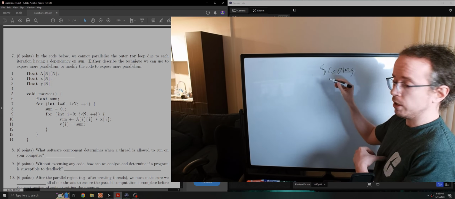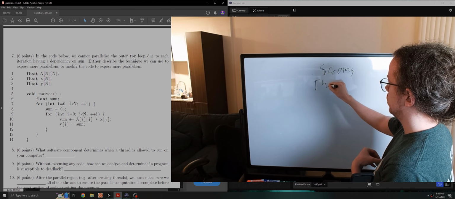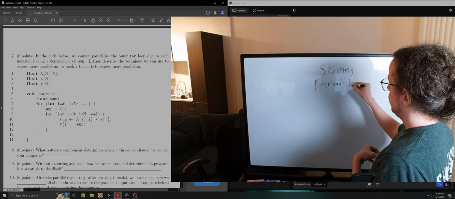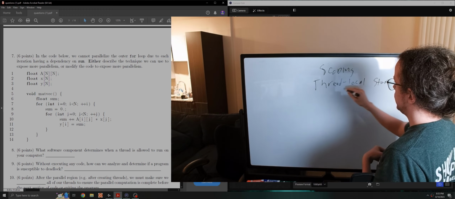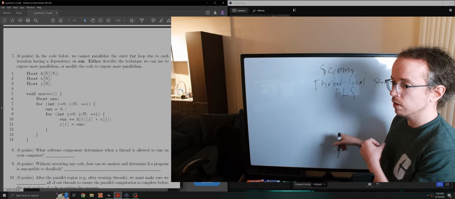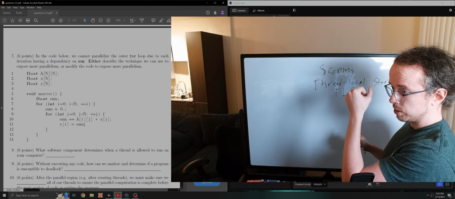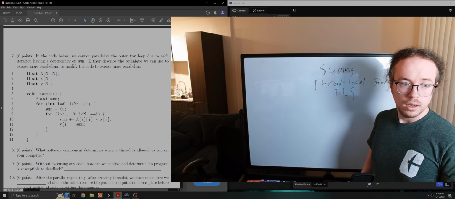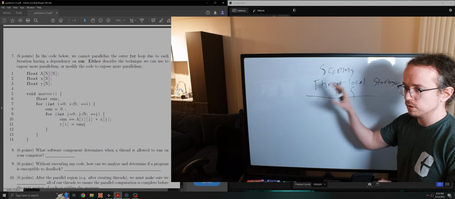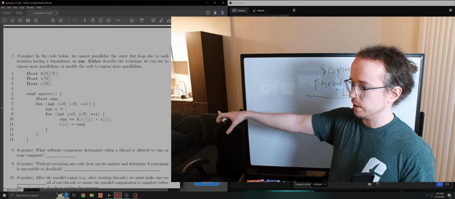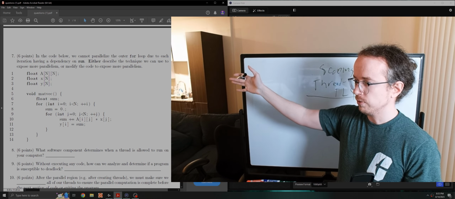Likewise, another phrase that you might have used is thread local storage, or TLS as it's sometimes known. This is in the parallel for loop slides. So that's a good description. If it contained these ideas or you described something that captured these ideas, then that's totally fine.